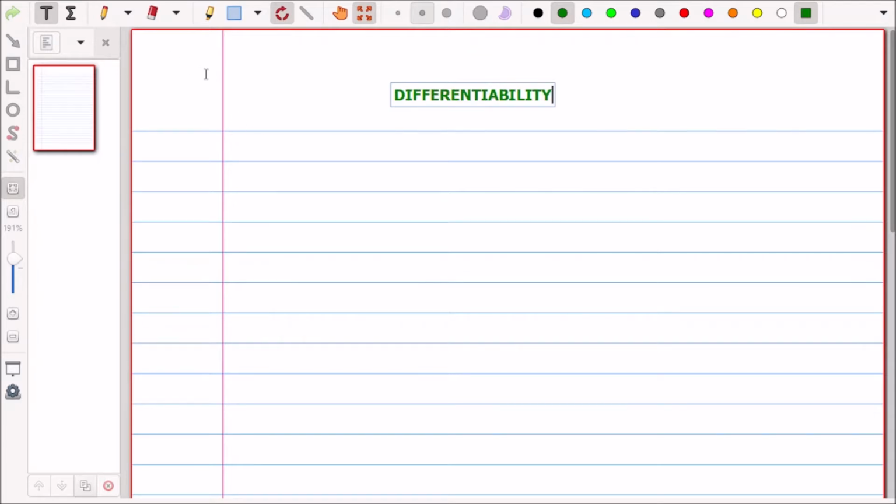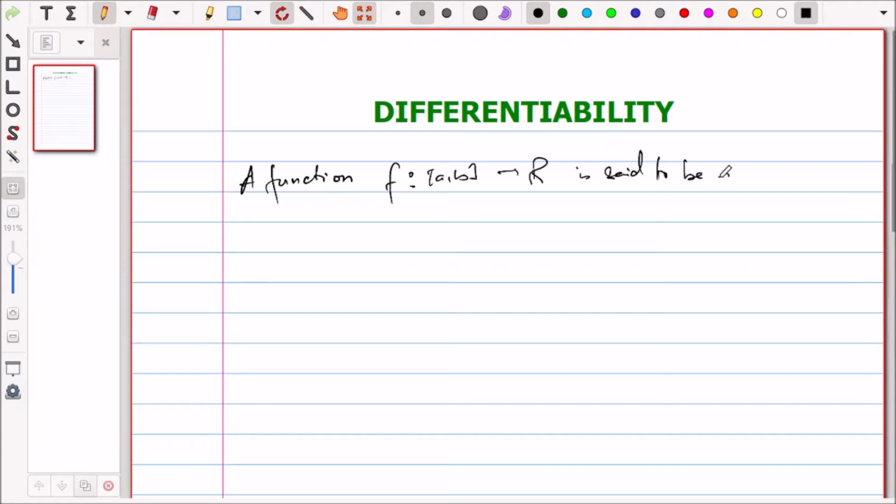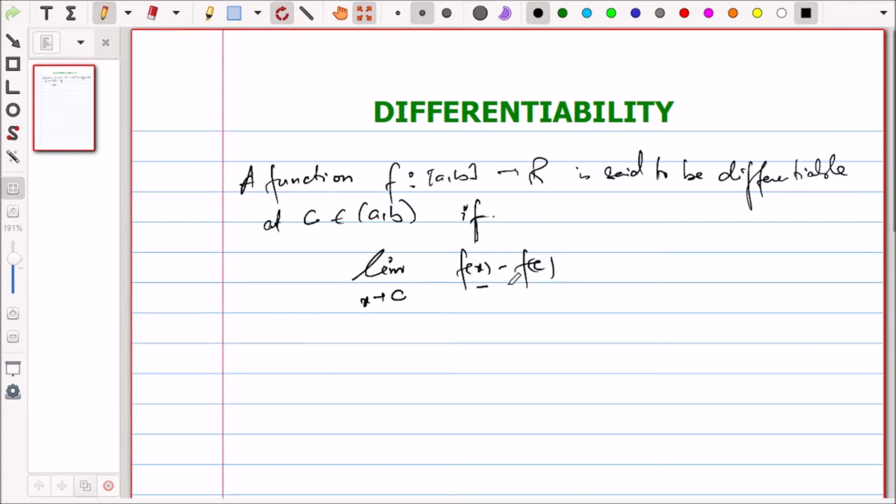What was the definition of differentiability? When you say that a function is differentiable at a point, a function f from some interval (a, b) to R is said to be differentiable at c belonging to (a, b) if the limit as x tends to c of (f(x) minus f(c)) upon (x minus c) exists, right?